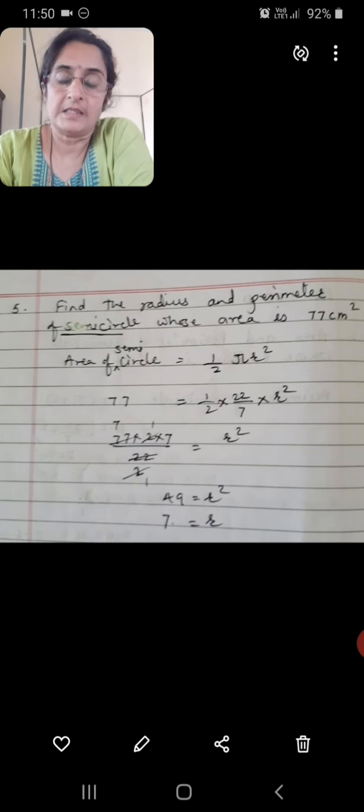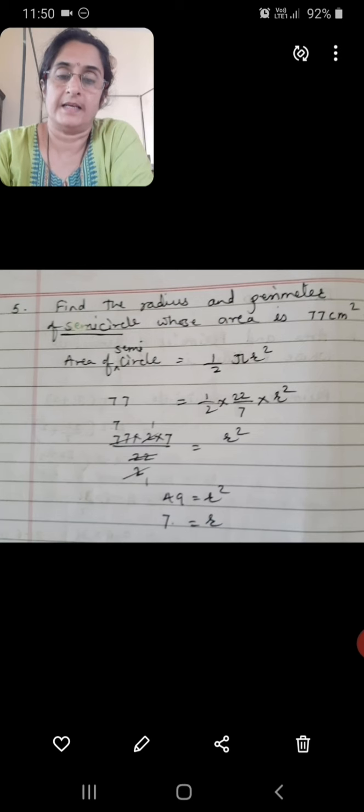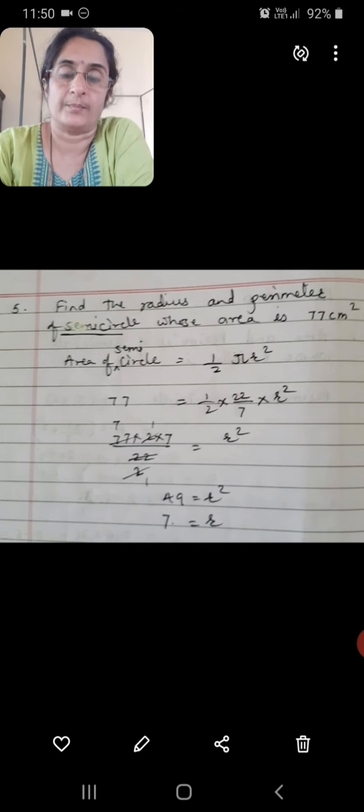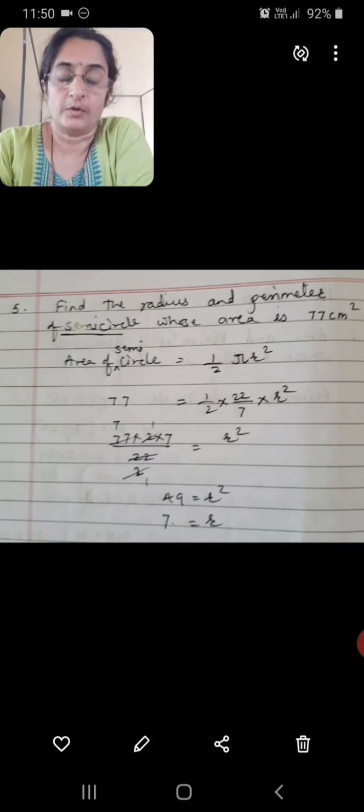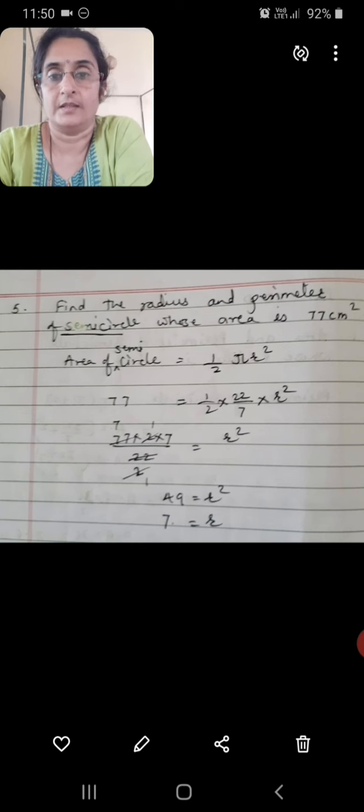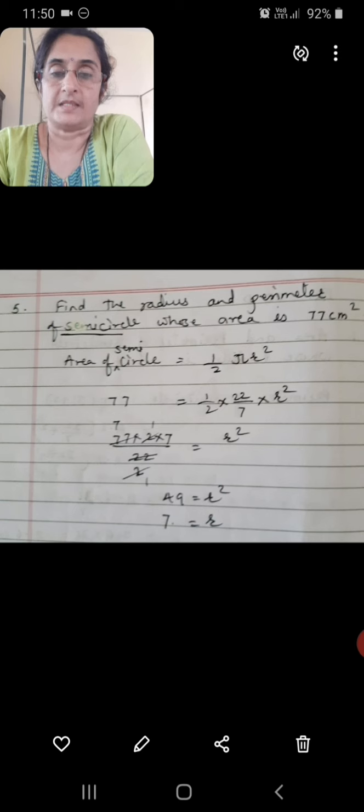When the diameter is given, we are going to make it half and then use it as the radius, and instead of 22 upon 7, we are going to take pi's value as 3.14 and solve it. So in the first four questions, we are going to solve using 22 upon 7 and 3.14 as pi's value and find out the perimeter and area of the given semicircle.